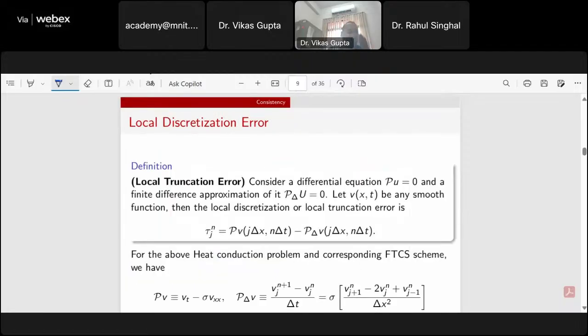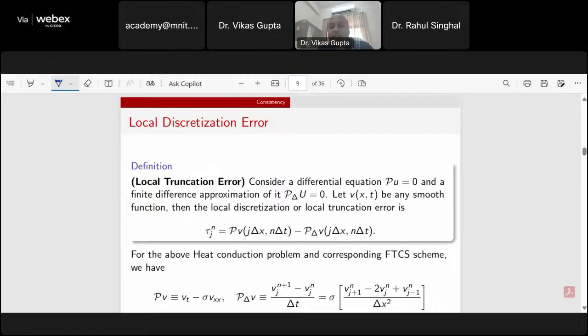Now the question is: what is the local discretization error? To analyze the consistency of a given finite difference scheme, first we need to find the local truncation error.